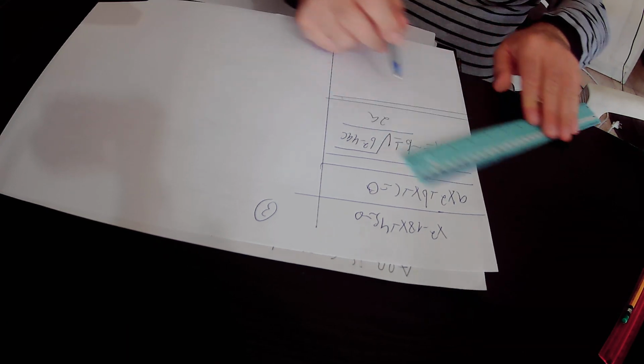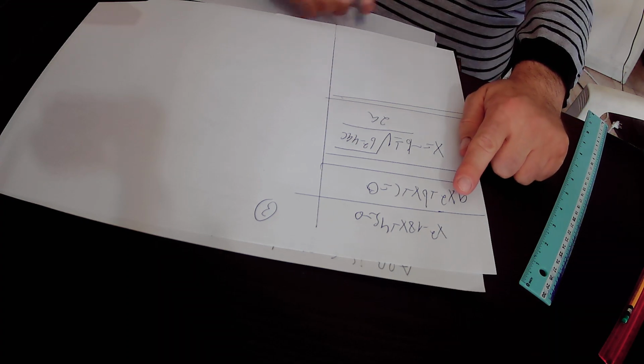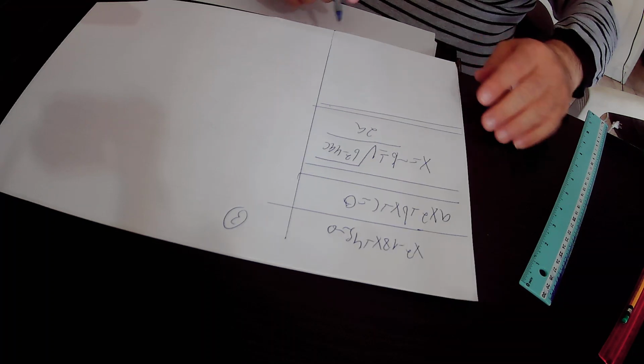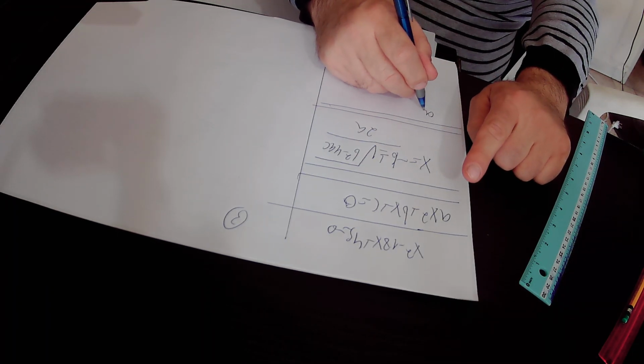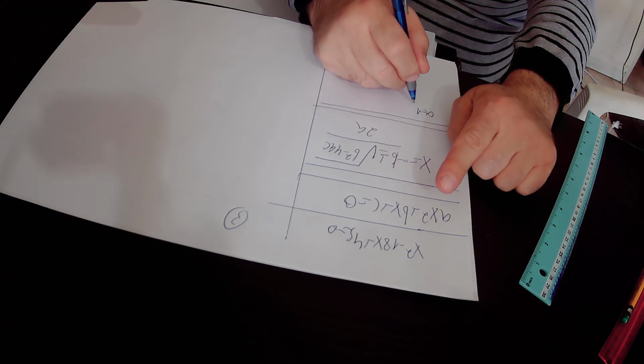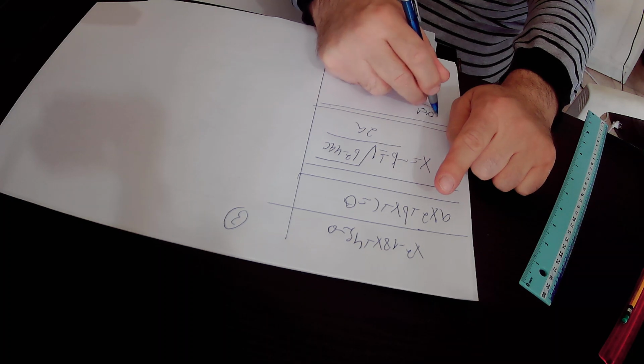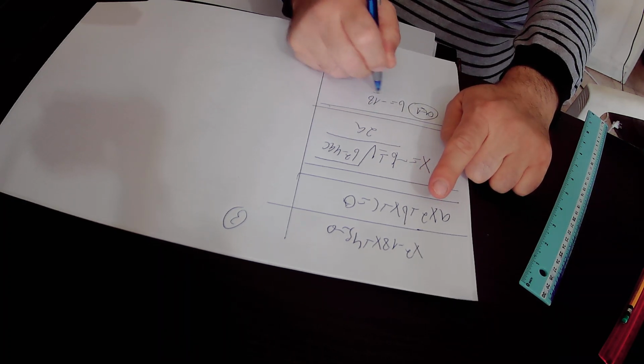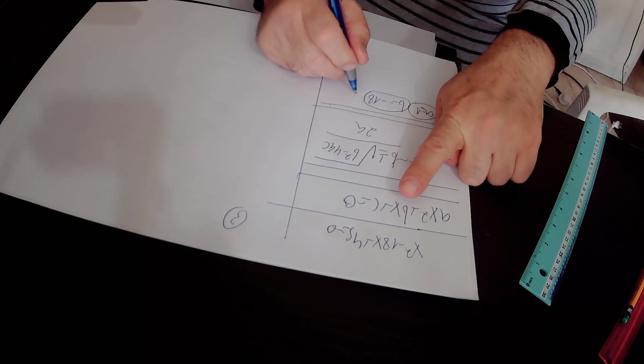So in our specific quadratic equation, x squared minus 18x plus 45 equals 0, the coefficient a equals 1, the coefficient b equals minus 18, and the coefficient c equals 45.